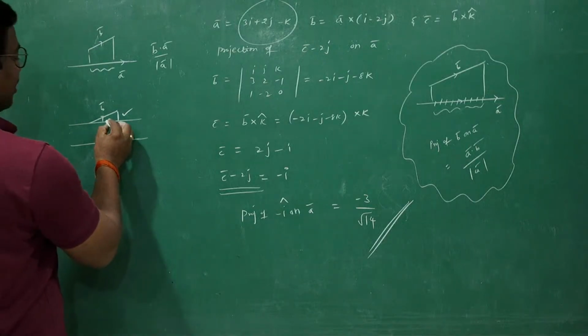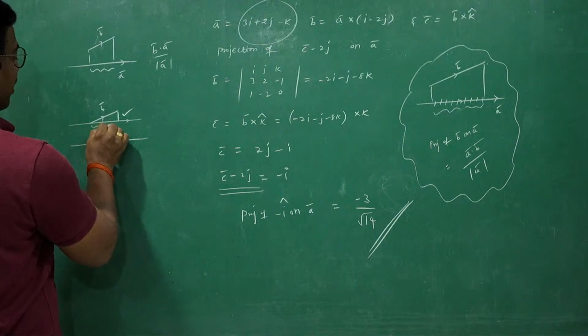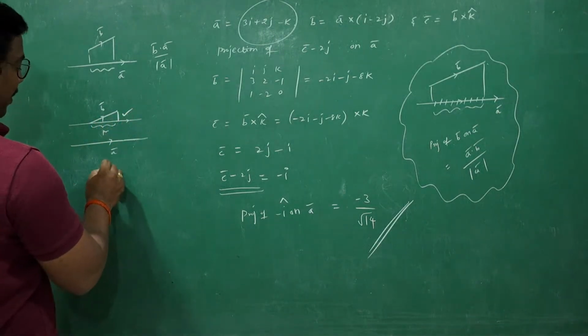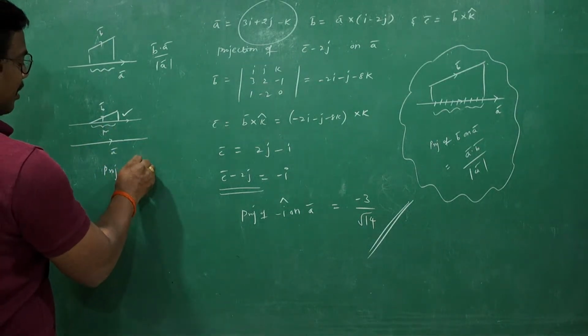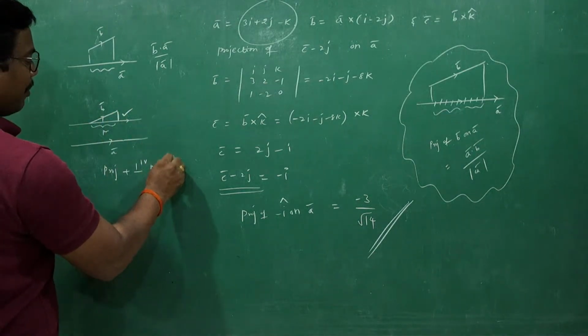This is the projection plus the required perpendicular projection. These two give B bar.